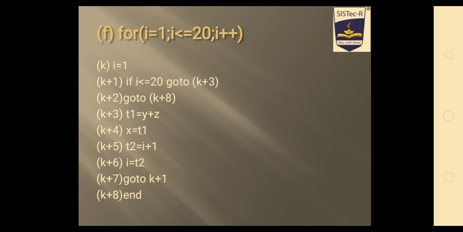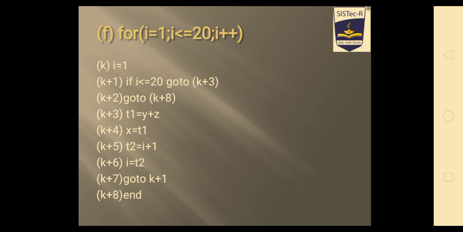Next is if I less than or equal to 20, you have to check the condition. If the condition is satisfied, then you have to go to the three-address code. Otherwise, you have to go to end. Next, go to k plus 8, which is end.